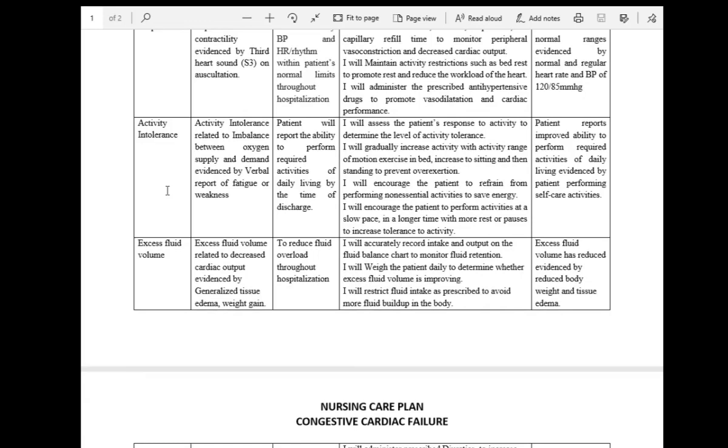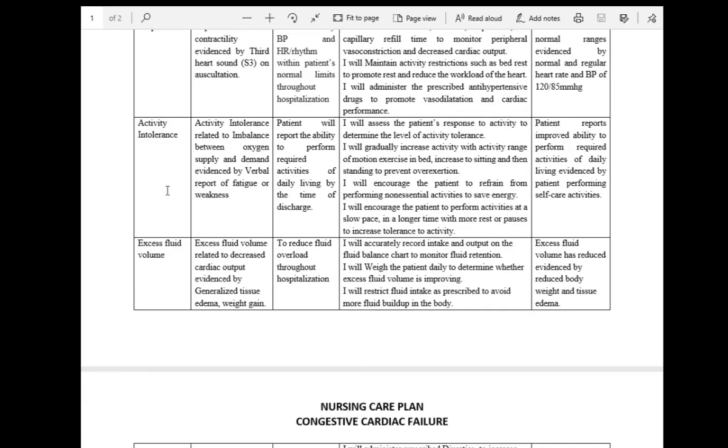Our second problem is activity intolerance. In a patient with congestive cardiac failure, it is noted that they have reduced oxygen supply to body tissues, and this will result in fatigue or weakness.